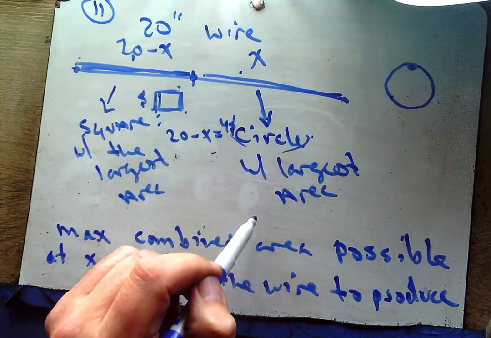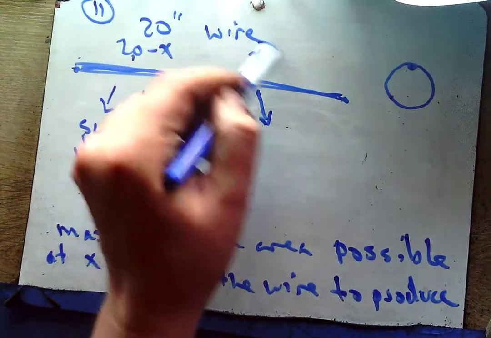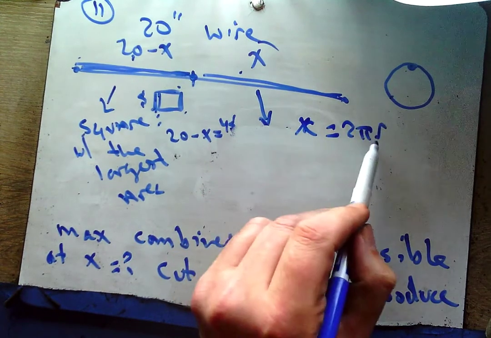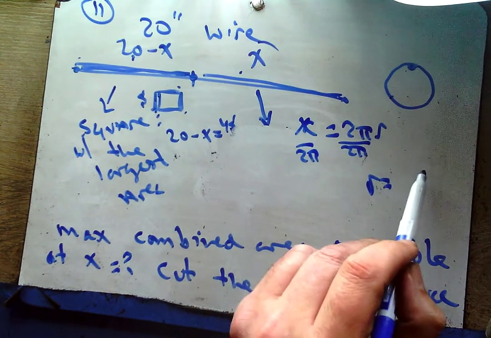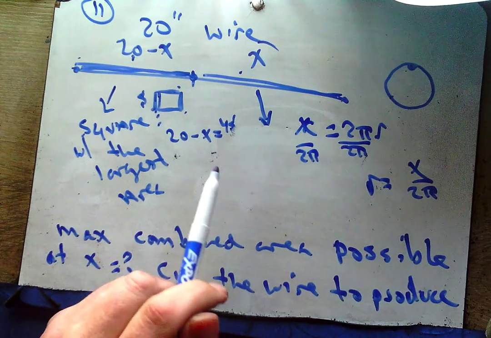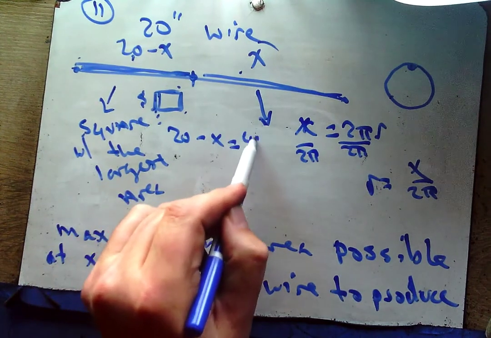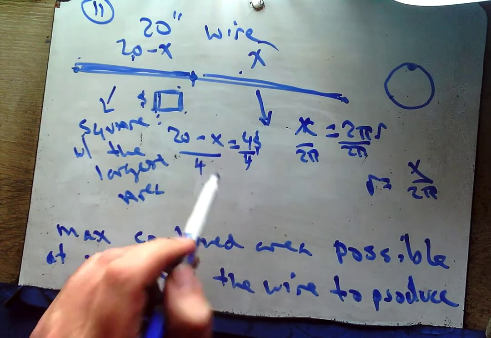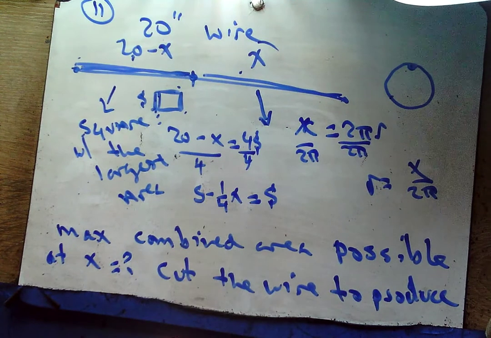Okay, and here, the circle, I'm turning this amount into x equals 2 pi r. So I'm going to divide both sides by 2 pi and get r equals x over 2 pi. And here, where we have 20 minus x equals 4s, I want to solve this one for s. So divide by 4, and I end up with 5 minus 1/4 x equals s.